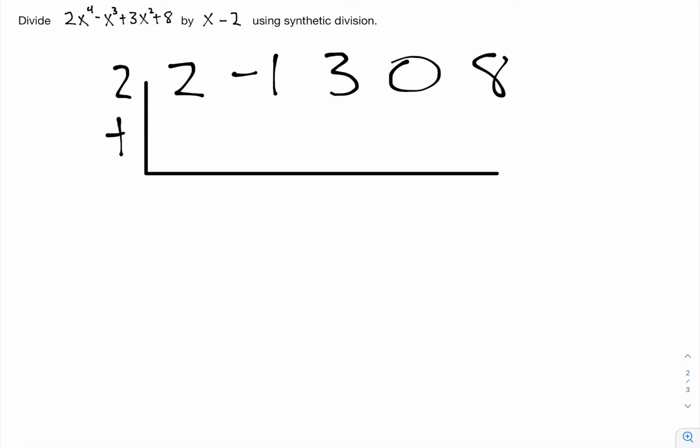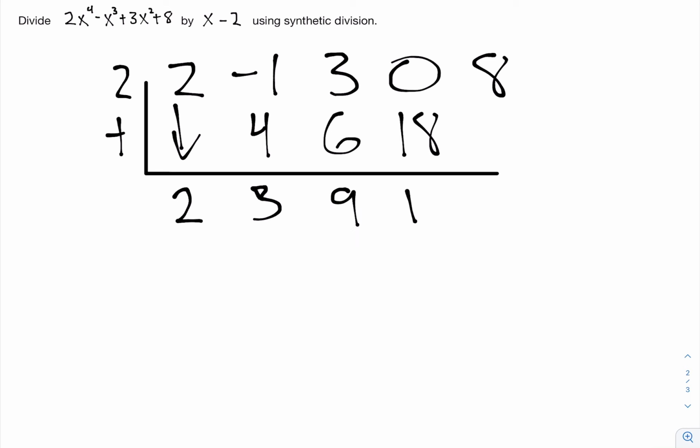So remember, always bring down this 2. This is our 2 here. 2 times 2 is going to be 4. Negative 1 plus 4 is 3. 3 times 2, right, that's going to be 6. 3 plus 6 is 9. 9 times 2 is 18. 0 plus 18 is 18. 18 times 2 is 36. 8 plus 36 is 44.